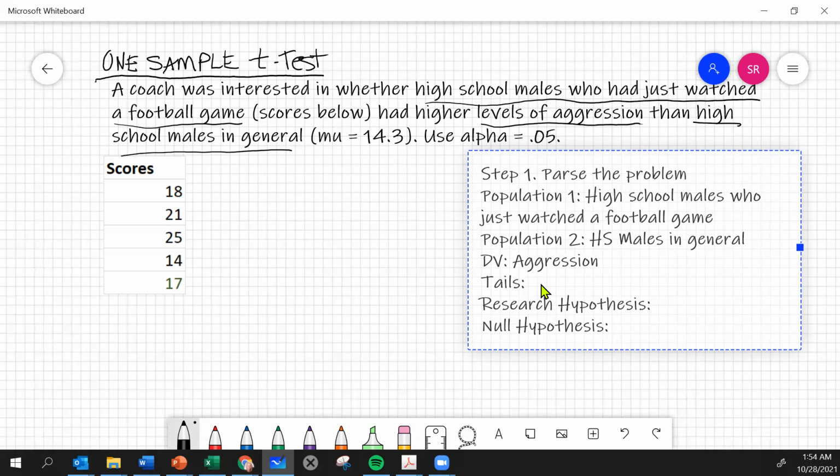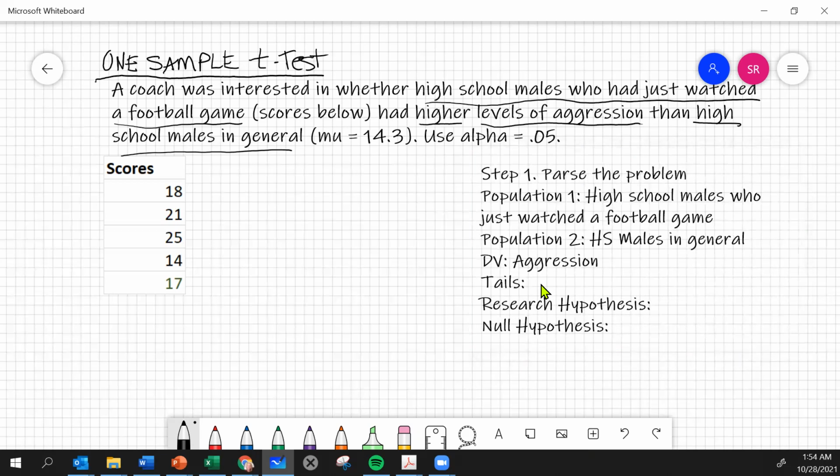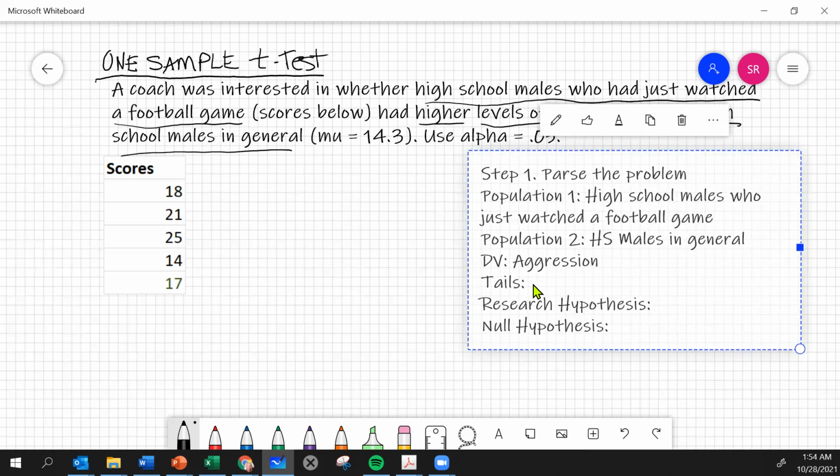The tails refers to whether the researcher hypothesizes that the aggression will be higher, lower, or just different than the males in general. In this case, we can see the researcher thinks higher levels of aggression. If the researcher hypothesizes a direction in this way, that means that it's a one-tailed test and high.